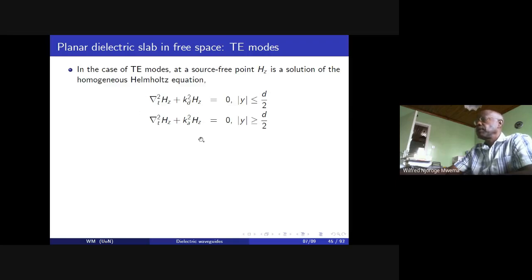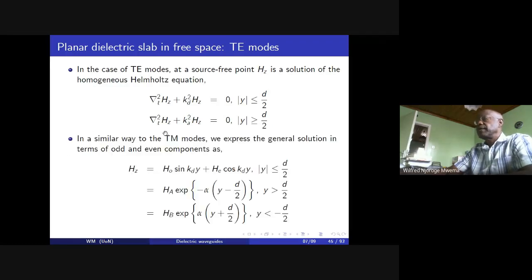Remember, if you look at these equations, the Helmholtz equations here are similar to those of the TM modes, only that we replace the fields with the axial component of the magnetic field intensity rather than the electric field intensity. And therefore, in a way similar to TM modes, we can express the general solution in terms of odd and even components as shown below.